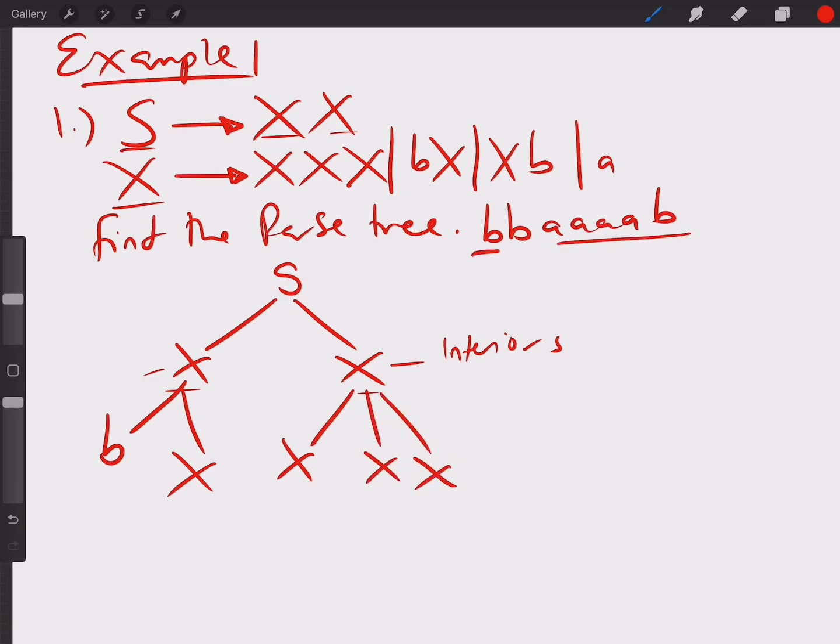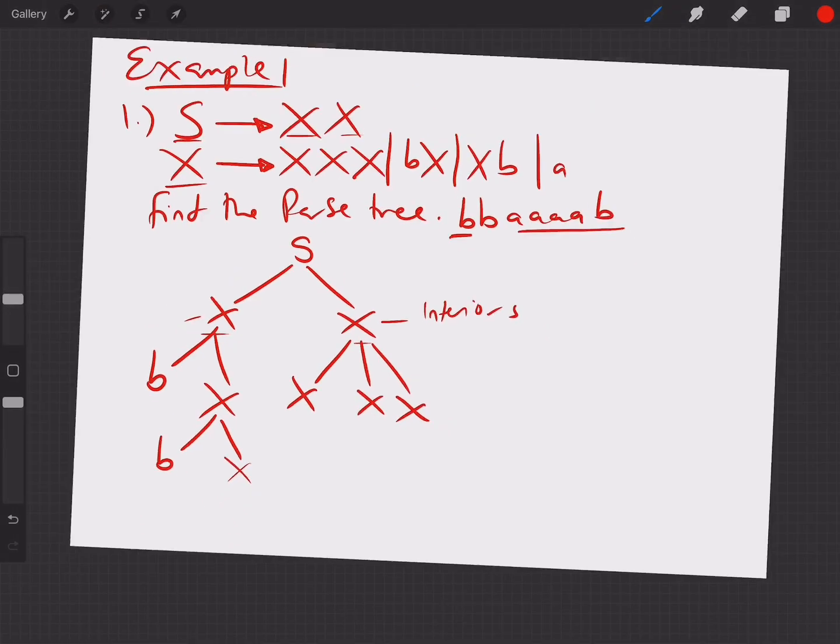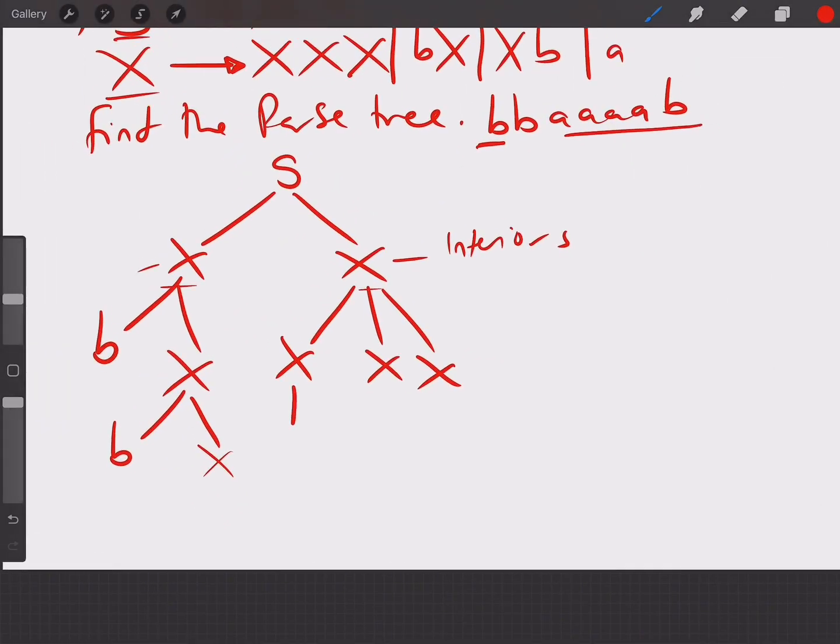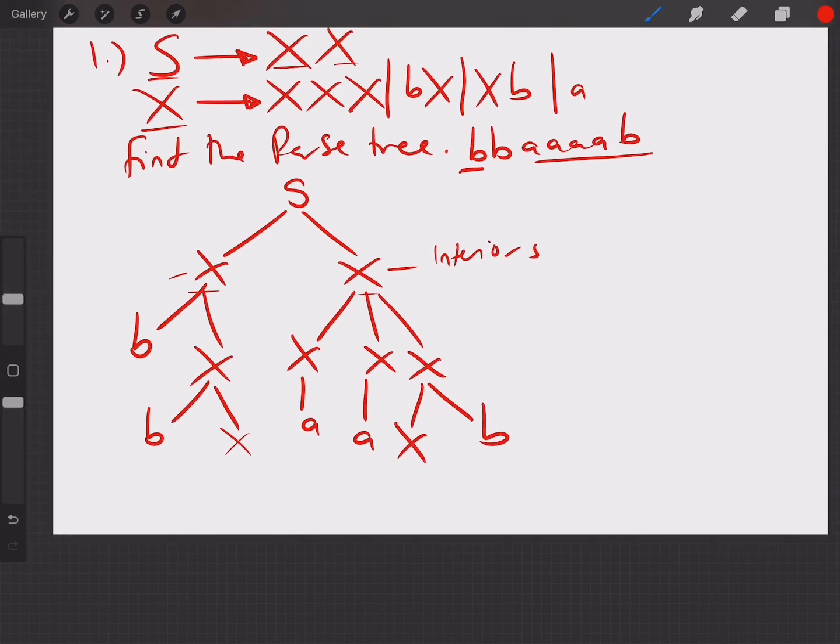Why? Because we want to achieve a long string and we're going to need the X we can get. So what do we do again? Derive another B and X. And then we derive A here, we derive A here, and then we can derive X and B from this.